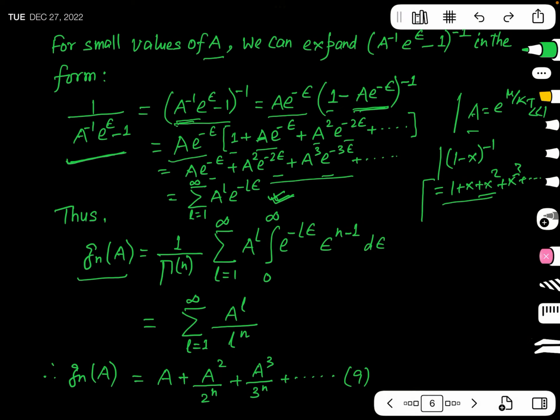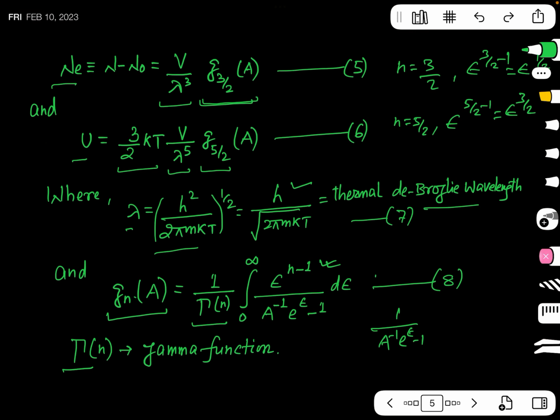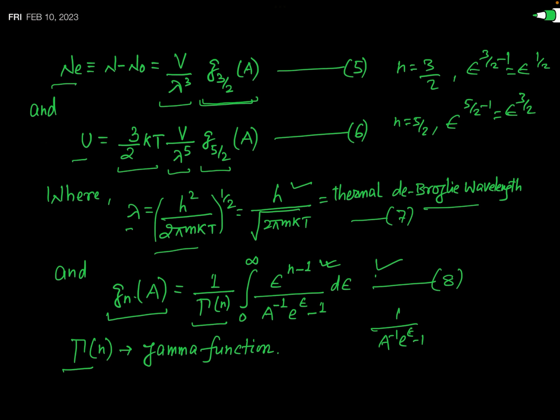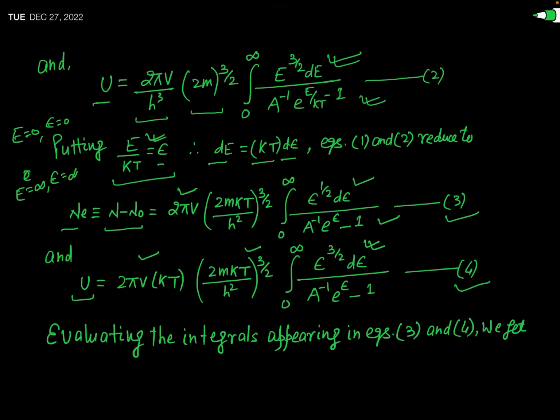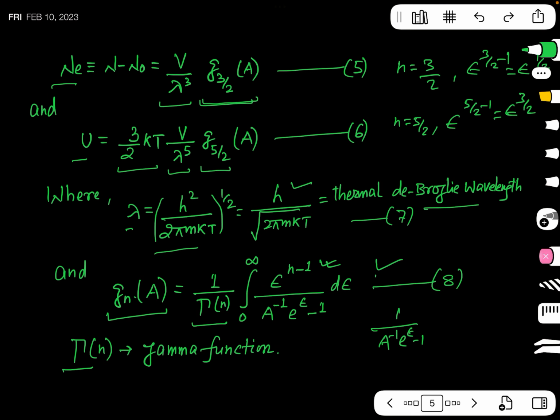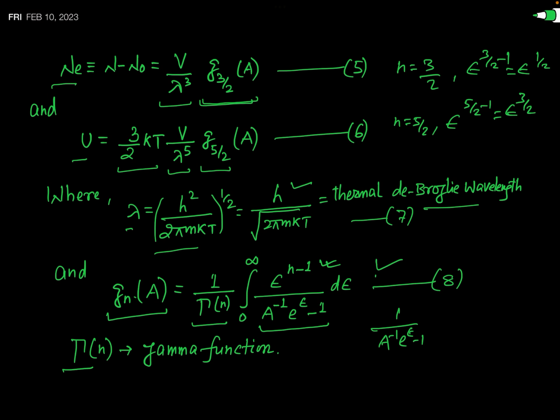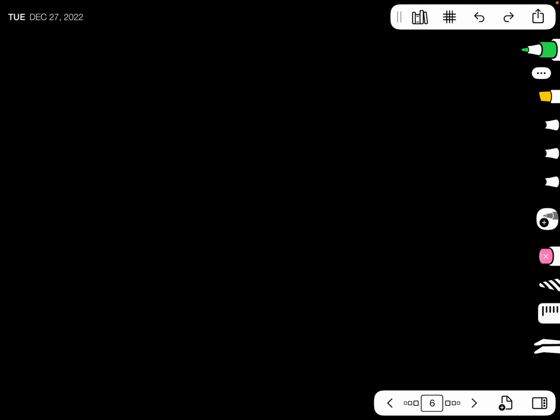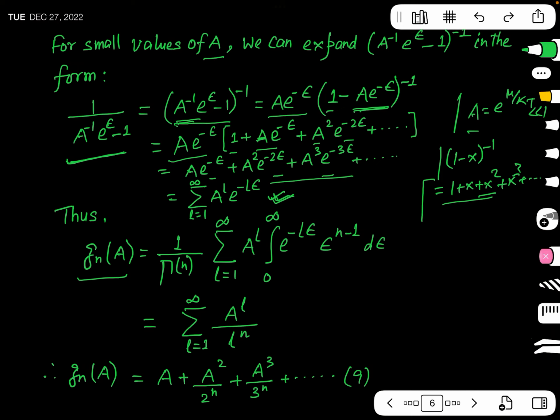So you can see g_n(a) is equal to this much, which I have defined in equation number 8. Instead of this we will write what we have just obtained. After substituting this value, what will be your result?